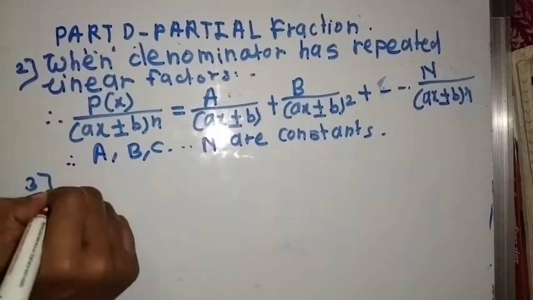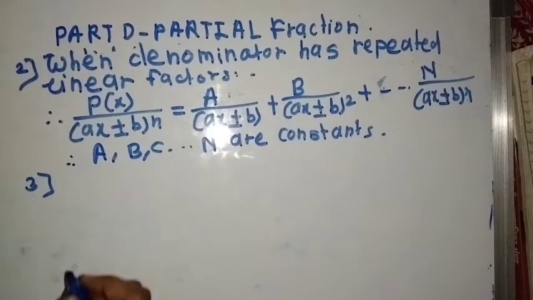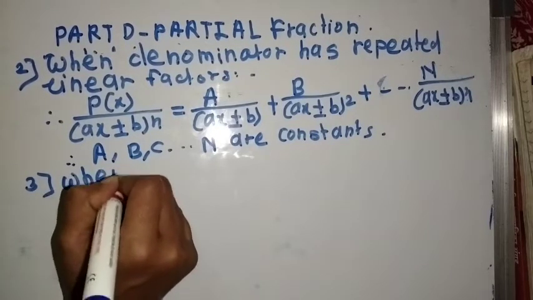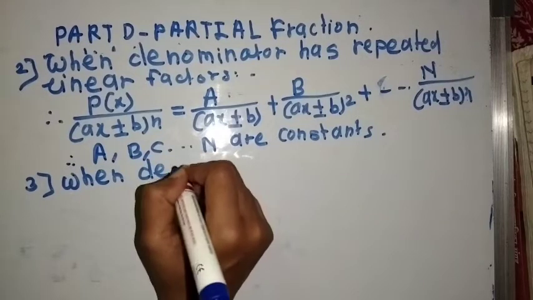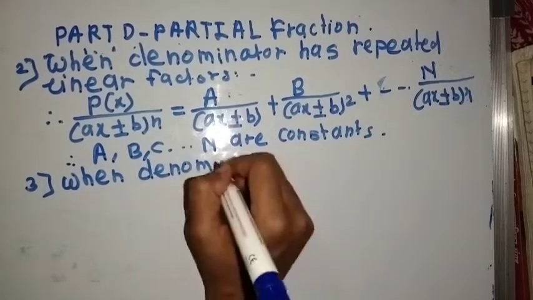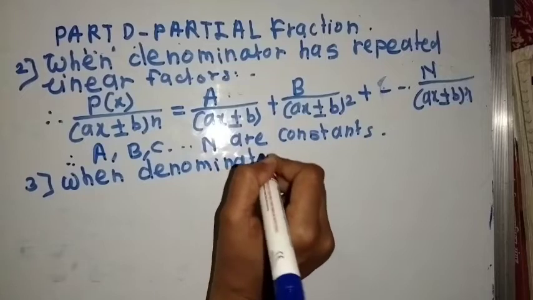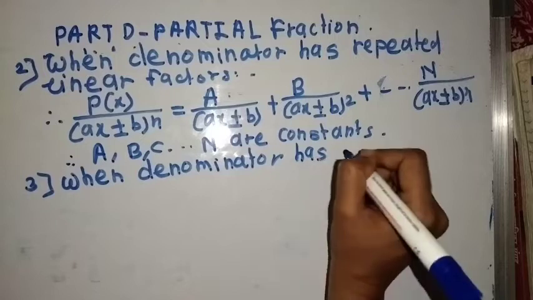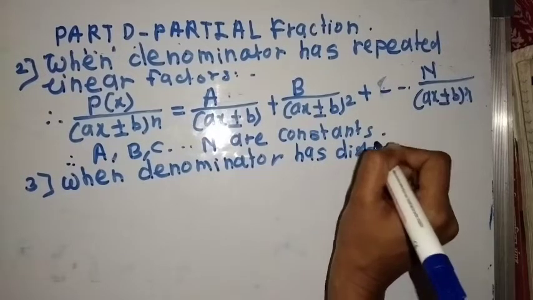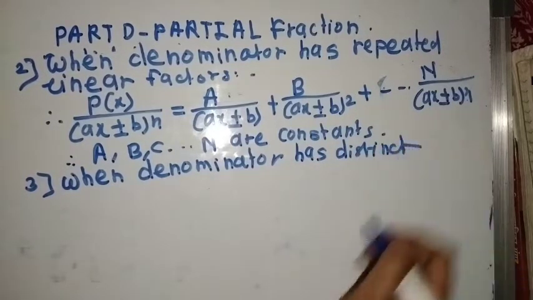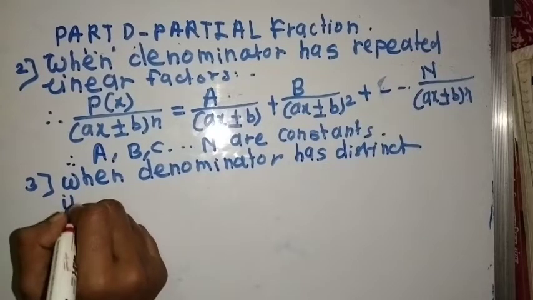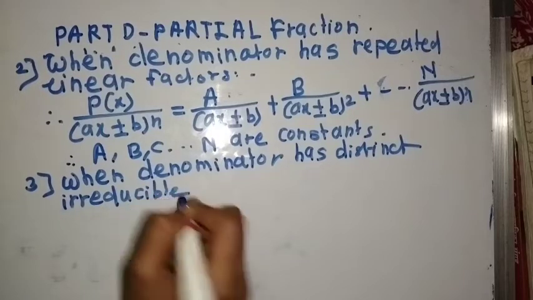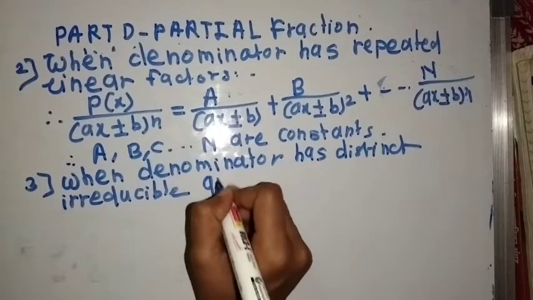Then the third is when the denominator has distinct irreducible quadratic factors.